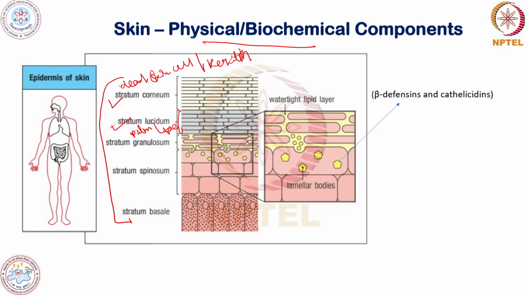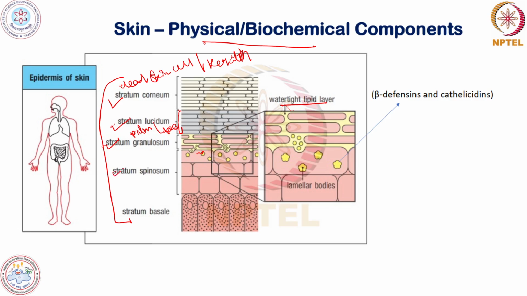The third layer is the stratum granulosum, and this contains keratohyalin granules. Like there are some granules you can see. These keratohyalin granules help to form a watertight lipid layer, which prevents moisture loss and also helps in prevention of microbial invasion.